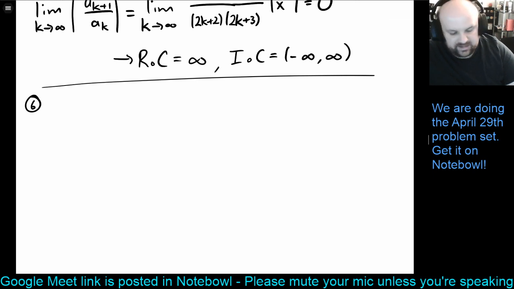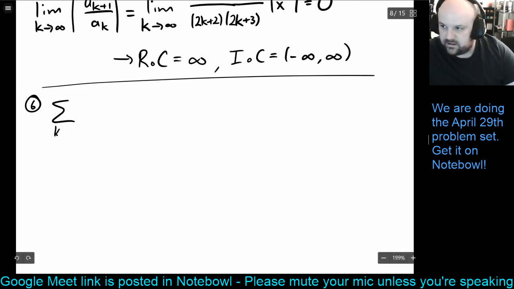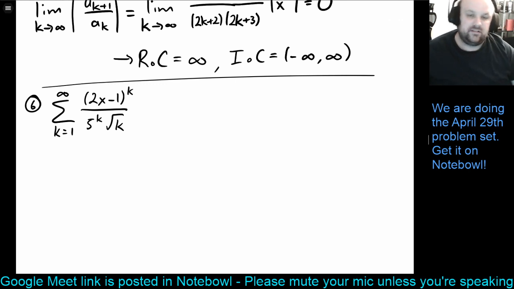Right, so here we have the series k equals 1 to infinity of (2x minus 1) to the k over 5 to the k square root of k. We want to compute the radius of convergence and interval of convergence for this.